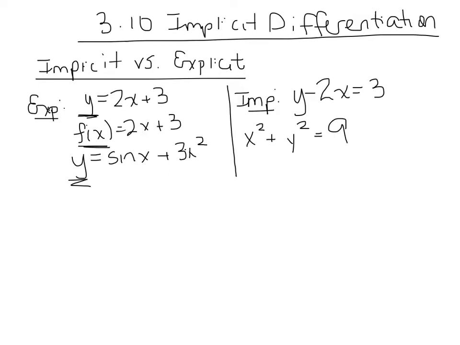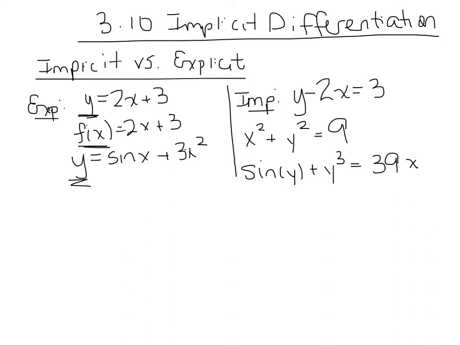Or you can have something that's even more complicated, like sine of y plus y cubed equals 39. And in that case, maybe we can even put an x there if you want. In that case, clearly, we cannot solve for y no matter what we try to do. We're not going to get y by itself, and that's clearly an implicit function.